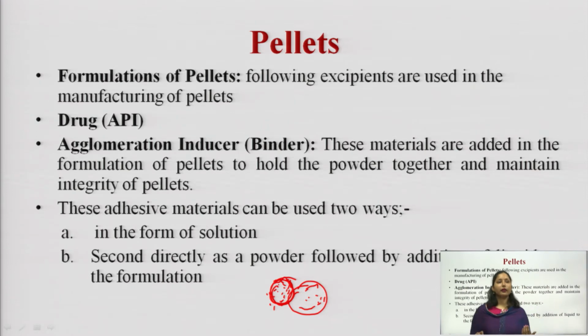Okay, so these materials are added in the formulation of pellets to hold the powder together and maintain the integrity of pellets. These adhesive materials can be used in two ways: in the form of solution, and secondly directly as a powder followed by addition of liquid in the formulation.